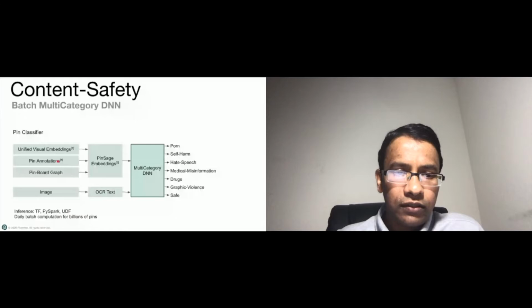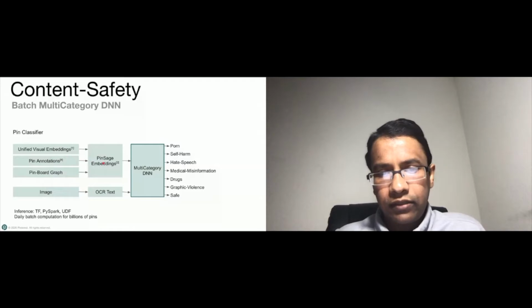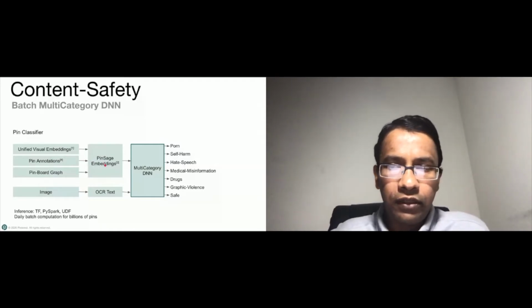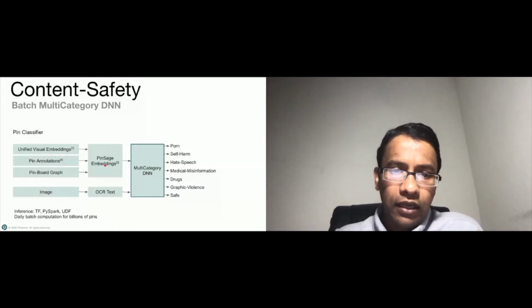We also derive annotations from the pin descriptions and the title and the name. Then we use the pin and board graph. And from the images, we also extract OCR text. So these three inputs are fed into a model that is called PinSage. It's a graph convolutional network derived from GraphSAGE, and that gives us an embedding for each pin.